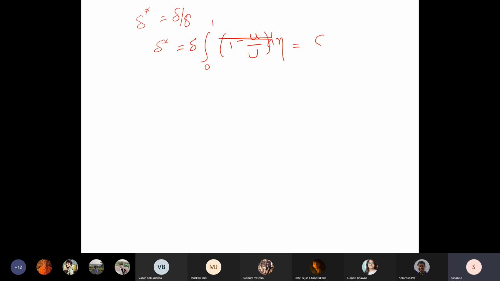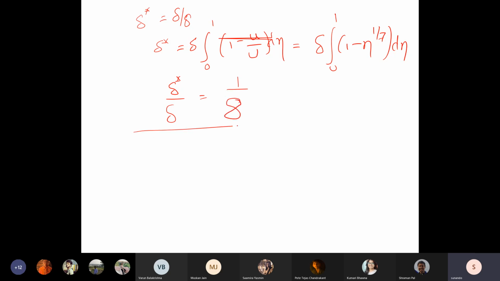So what we have then is delta from 0 to 1, 1 minus eta to the power 1/7 times d eta. And after you perform the integration, delta star by delta would simply be equal to 1 by 8. So that's the first part.